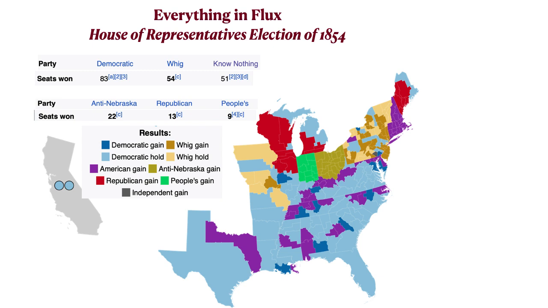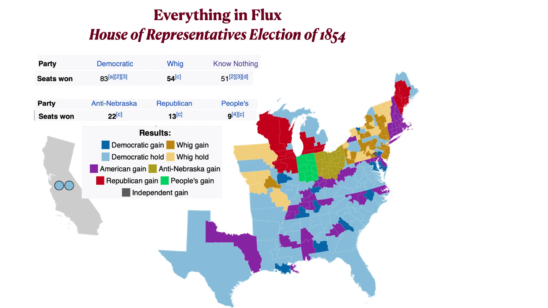You can also see a party here, the Anti-Nebraska Party. The Whigs had collapsed, and there's still some Whig. Actually, the Whigs still had a few gains here, but they've ceased to be a national party. In Wisconsin, northern Illinois, and Michigan, the Whig Party collapsed entirely, and that was where the Republican Party was founded.